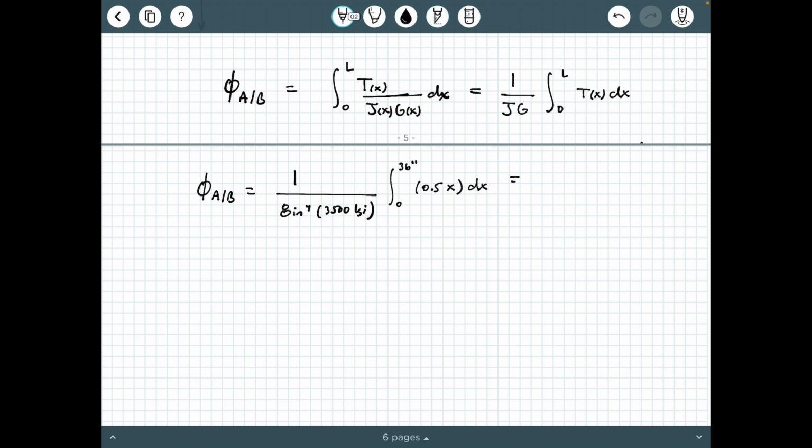So we can take this integral by hand, or we can do it in our TI-36X Pro calculator, and we perform the integral. We don't forget that we need to incorporate that 8 times 3,500 in the denominator, and so what we're going to get is a positive 0.0116 radians, and that's going to be a counterclockwise rotation, which makes sense.